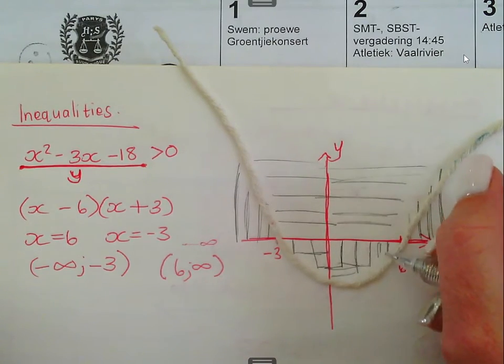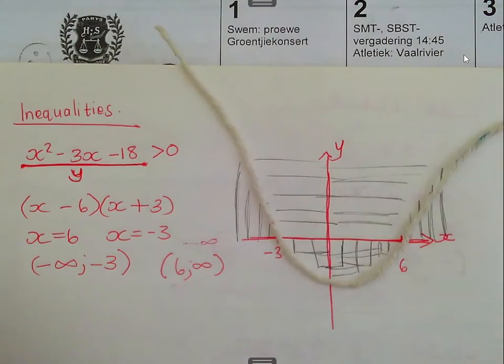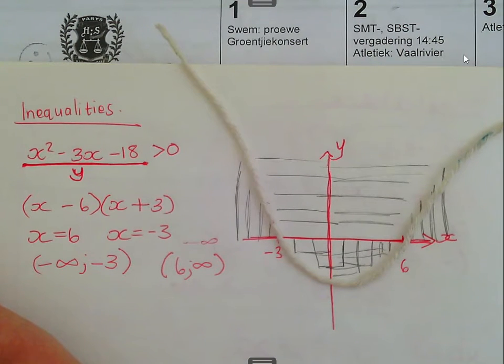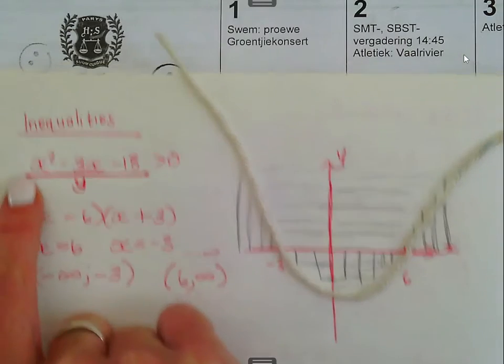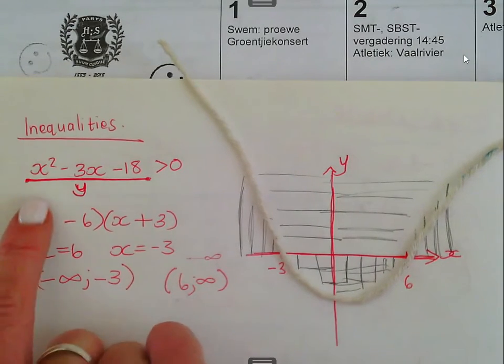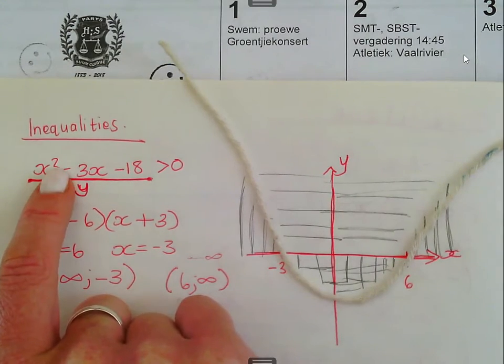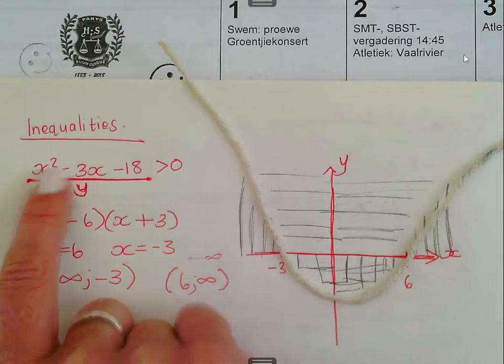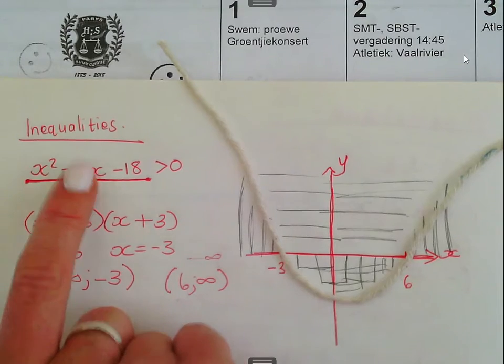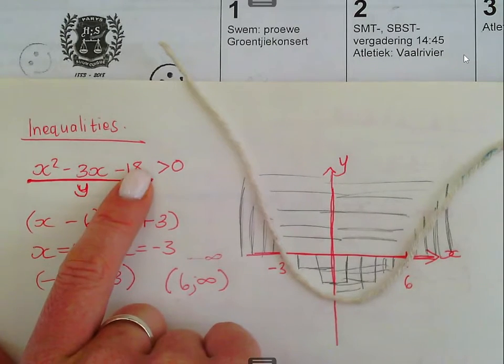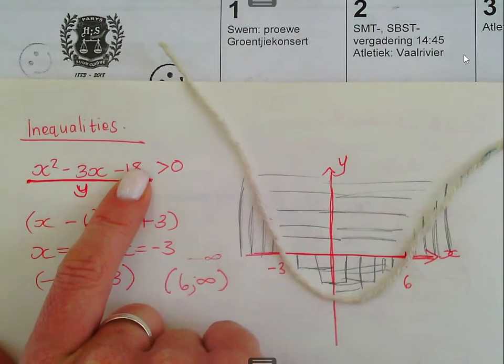Positive 4 and positive 5, they'll all be a negative y. Because even if 5 is positive, when you square 5, you get 25. But you have to subtract 3 times 5 again and subtract 18. So that's why it becomes negative.